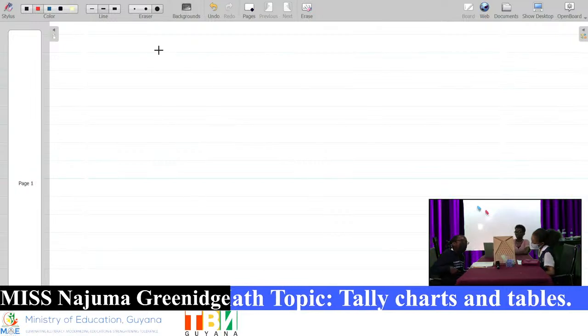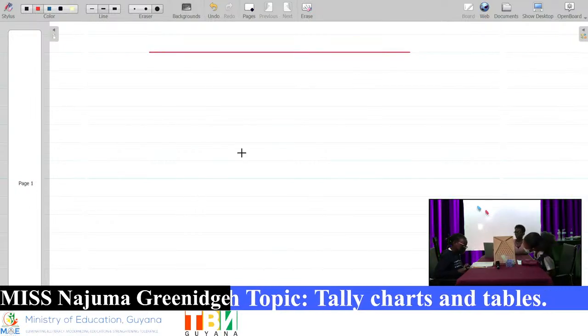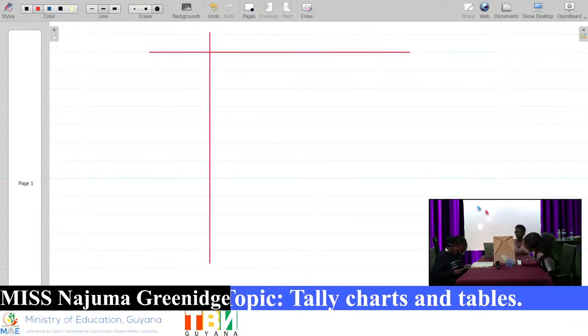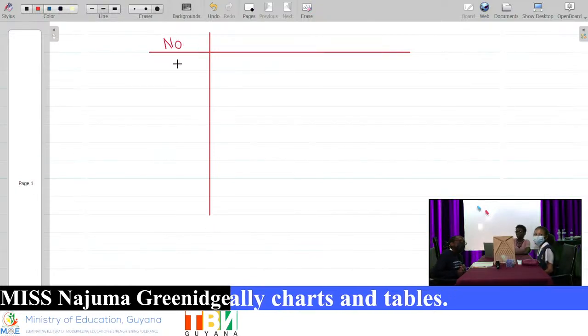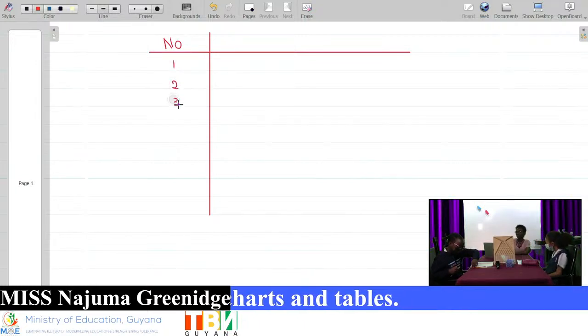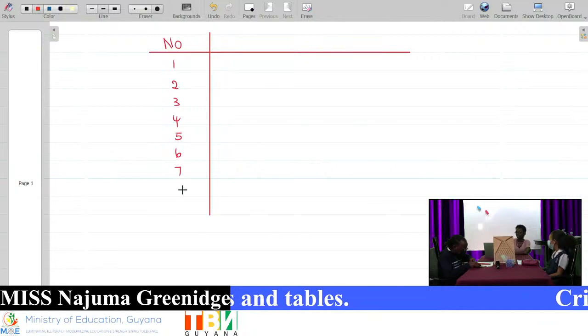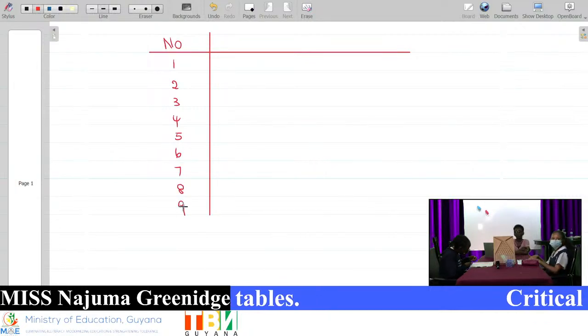So you set up a table like that. Right? 1 to 9. I see 1 to 9. So you have numbers, and you need to write the numbers 1, 2, 3, 4, 5, 6, 7, 8, and 9. So go ahead and create the table that we're looking at.